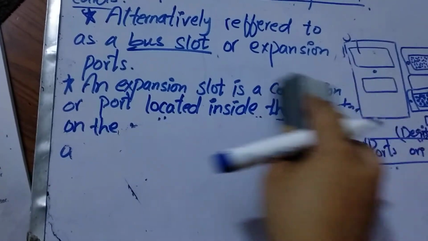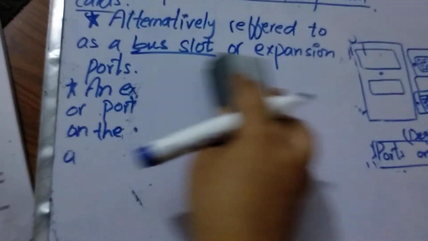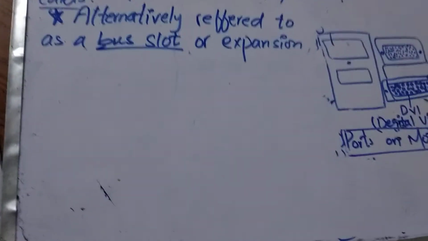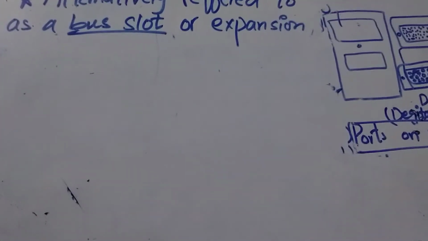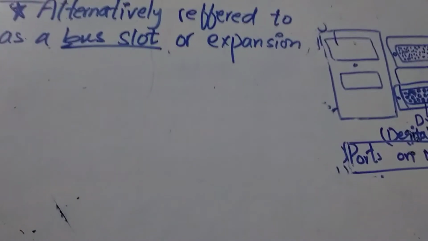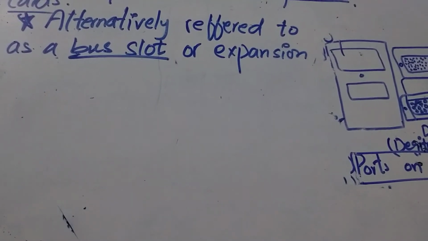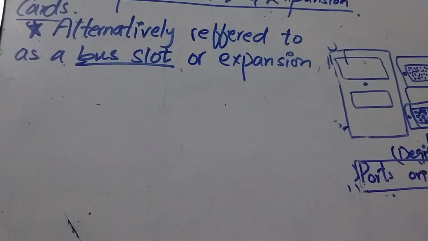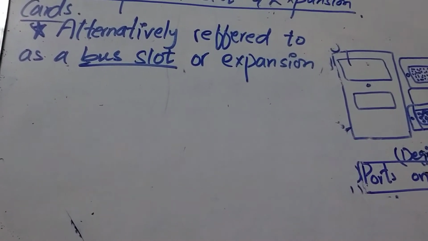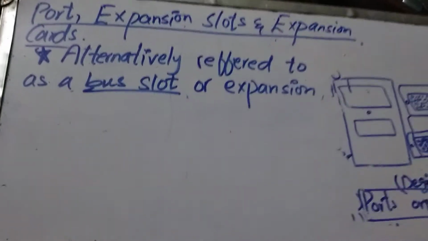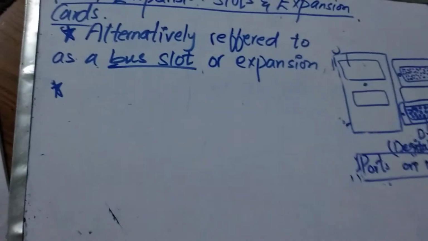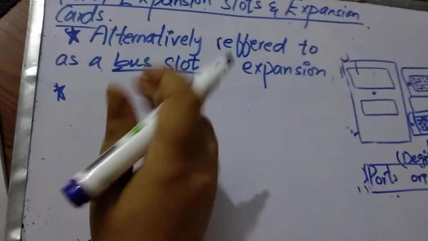Now write the example here. For example, if you wanted to install a new video card in the computer, you would purchase a video expansion card and install that card into the compatible expansion slot. After explaining, I am writing here.